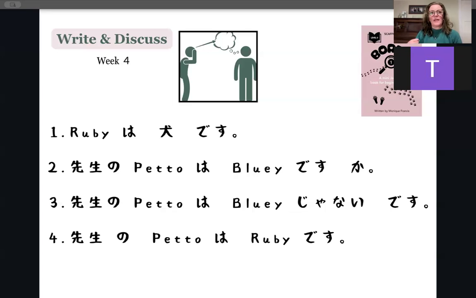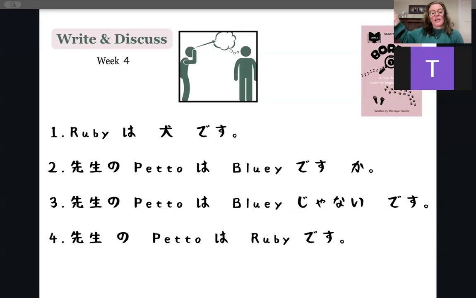Dare no petto desu ka? So I'm not writing at this stage. I'm asking, I'm discussing with them, and then they're giving me the text. Sensei no. Sensei. They might just say sensei. Sensei no petto wa Ruby desu.